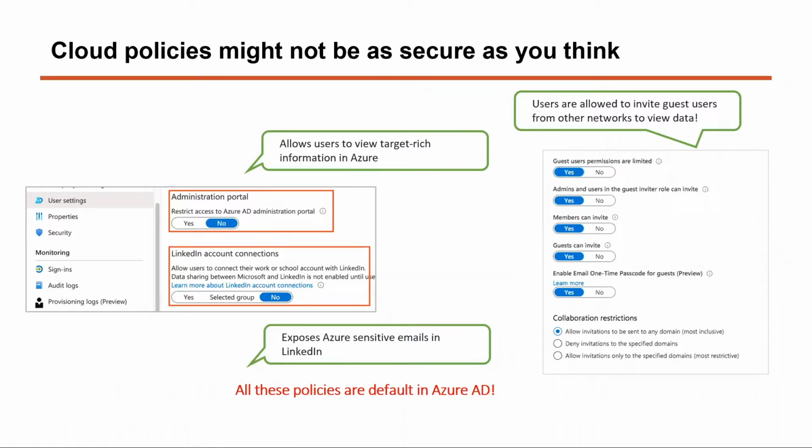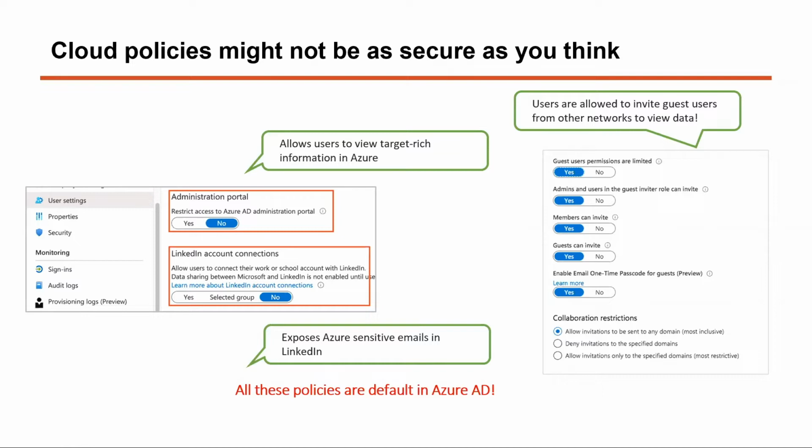Your Azure email addresses will surface on LinkedIn if this particular LinkedIn account connection is enabled. And on the right, very important, small buttons, but they give you a lot of information. For example, users are allowed to invite guest users from other networks to view data.